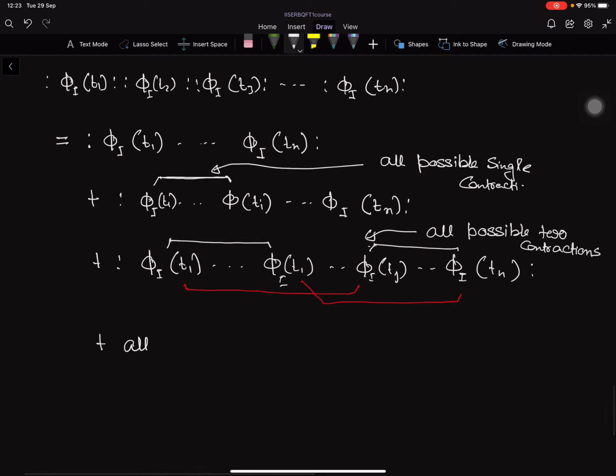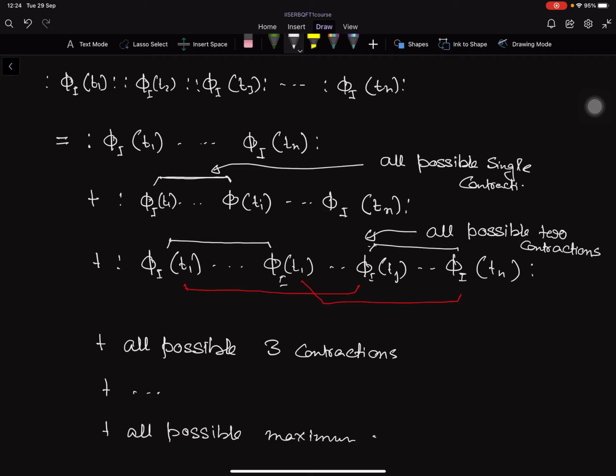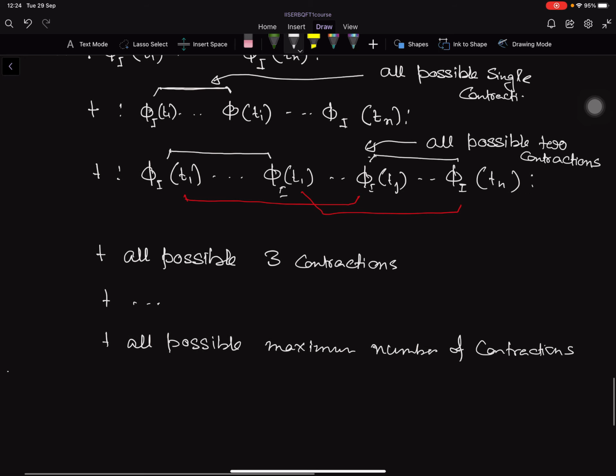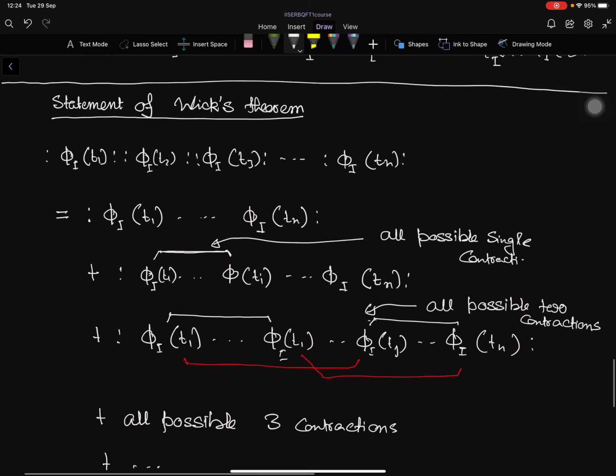Plus all possible three contractions, plus dot dot dot up to all possible maximum number of contractions. Okay, so this is the statement of Wick's theorem. We will prove it, but let's discuss again.